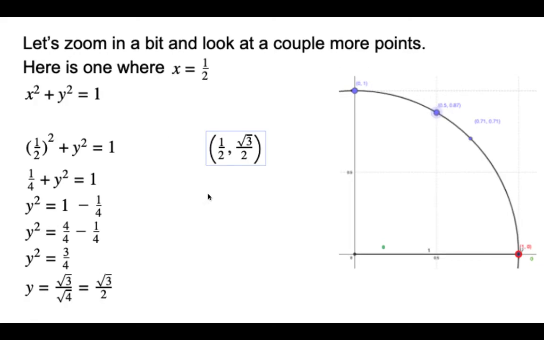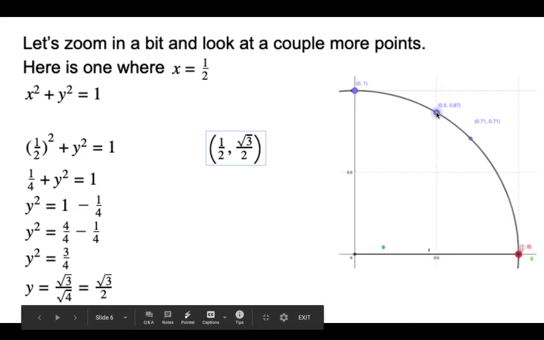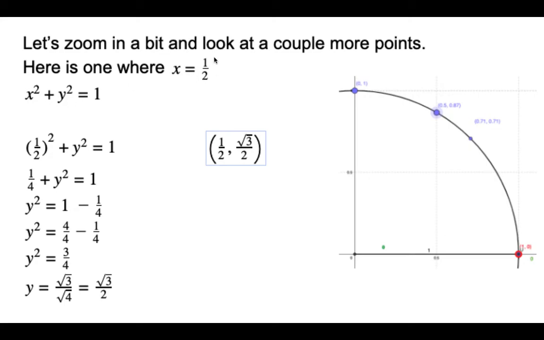So that's one point. Now, you'll notice that I put these divisions in at 1/2, right? Well, let's see what happens when I take x equals 1/2. So I plug it in here. 1/2 squared is 1/4. Subtract 1/4 from both sides. And then I have to add fractions, so I need a common denominator.